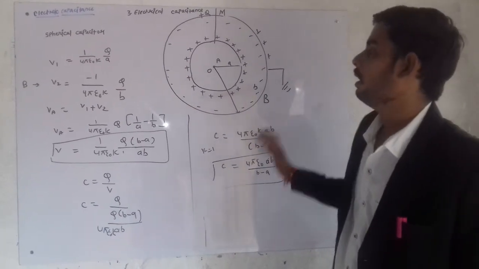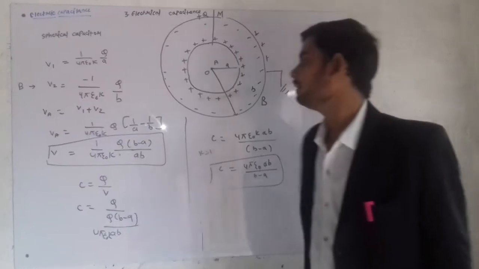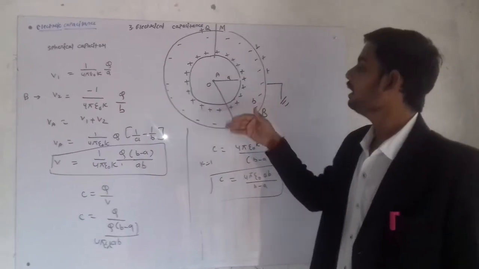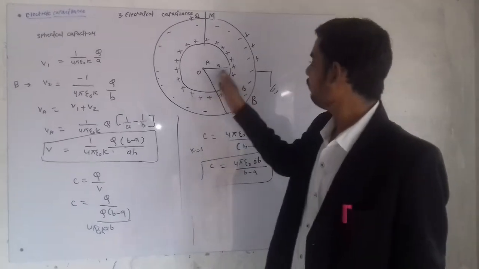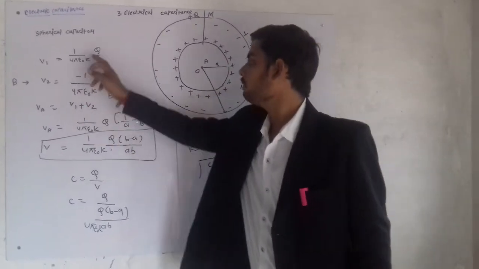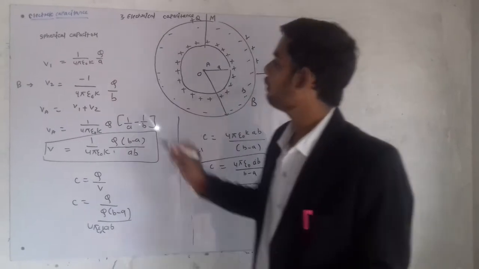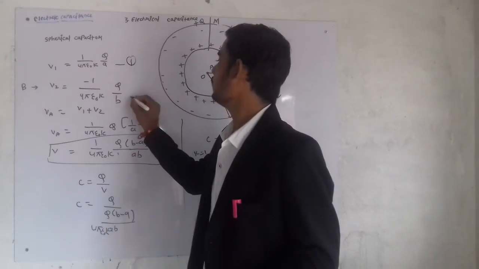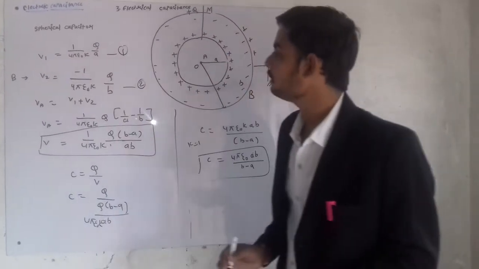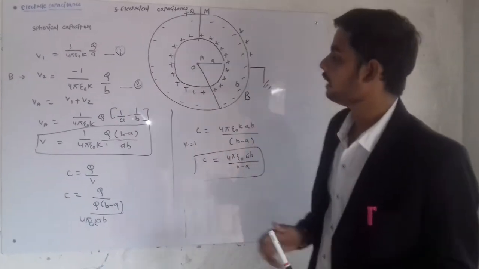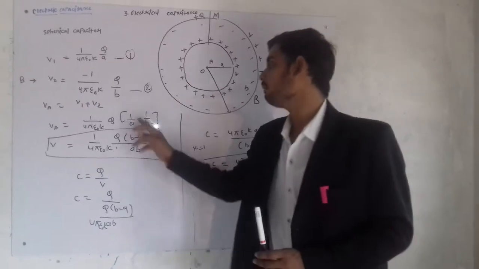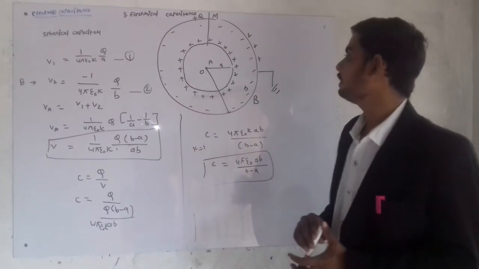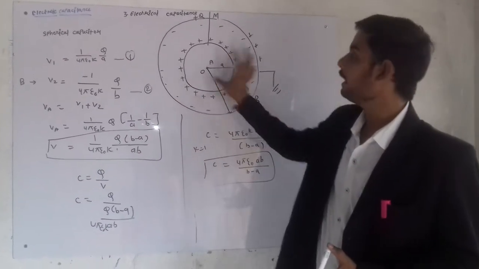So the total potential will be VA minus VB. We have two equations, V equal to V1 plus V2, and we get V equal to 1 upon 4 pi epsilon naught K, Q, 1 upon a minus 1 upon b.